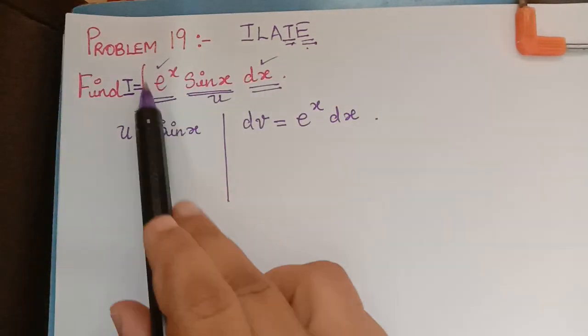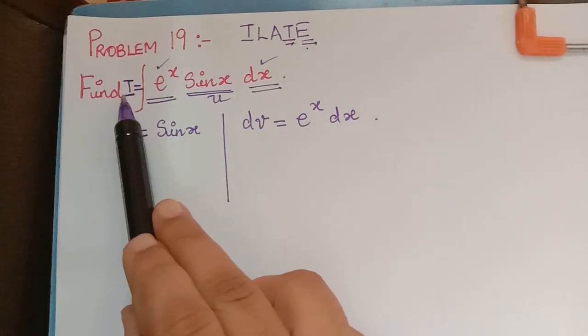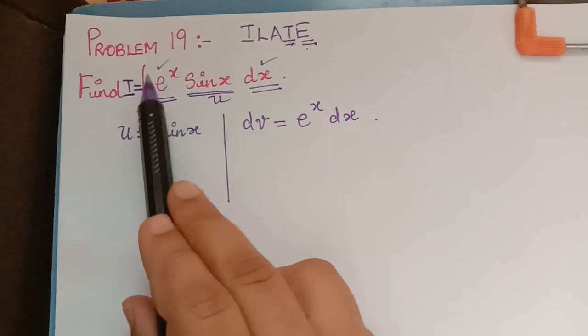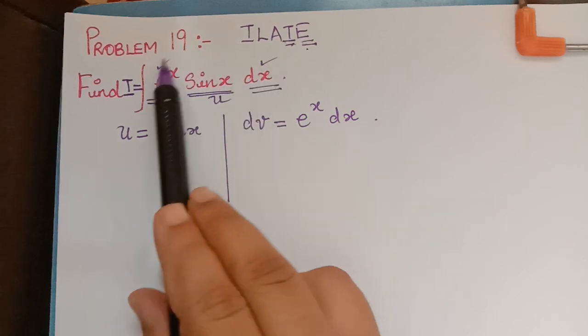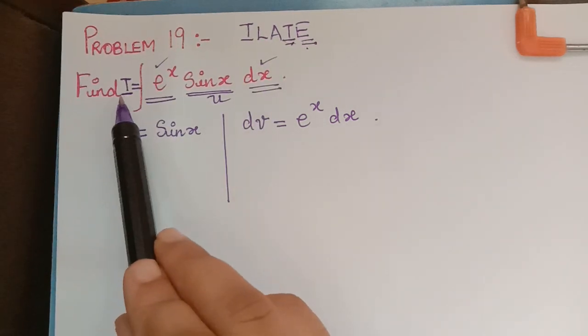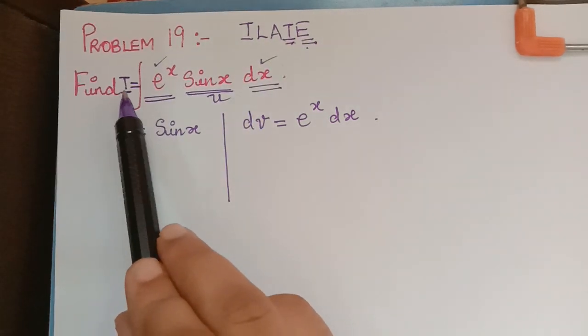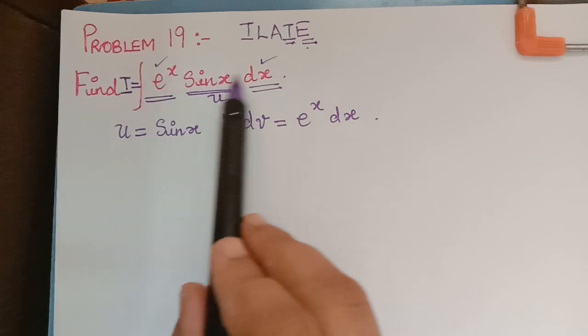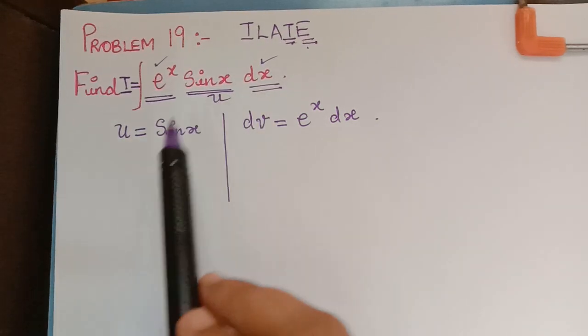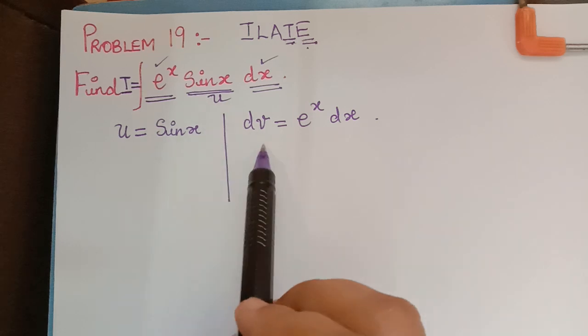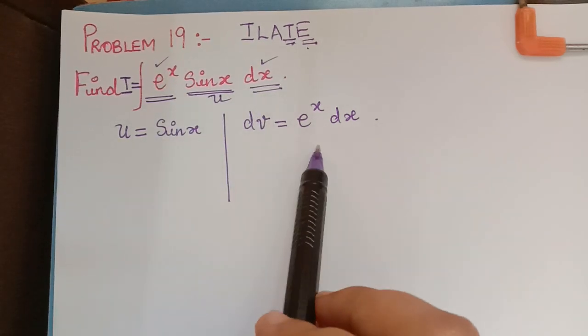So the given integral has to be represented as capital I. Wherever we find this integral, we can represent it as I. So I is equal to this integral, where the choice of u is sin x and the choice of dv is e power x dx.